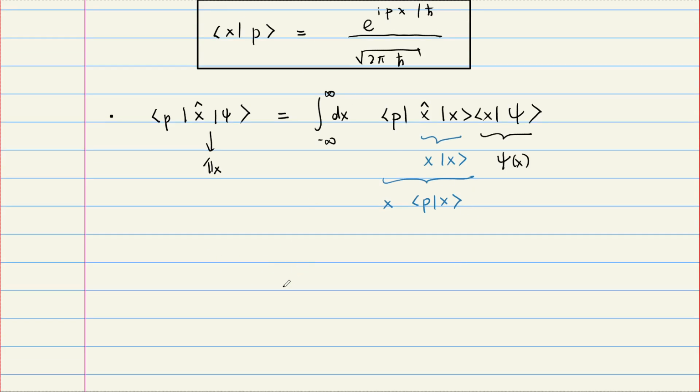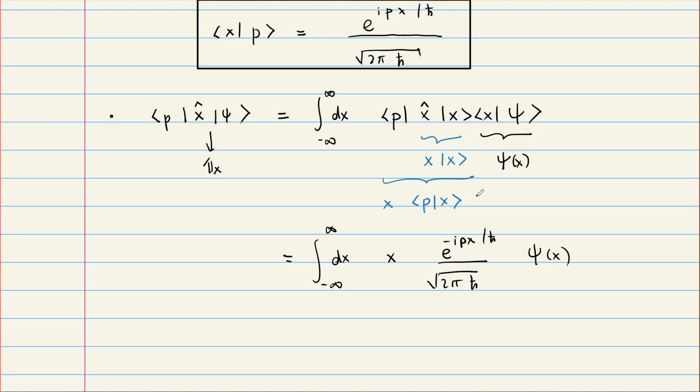Then this entire thing is going to be equal to the integral dx from minus infinity to plus infinity of x. So this is the overlap of x and p. I have p x here, I just need to take the complex conjugate. This is e to the minus i p x over h bar, over root 2 pi h bar, and this is psi of x.